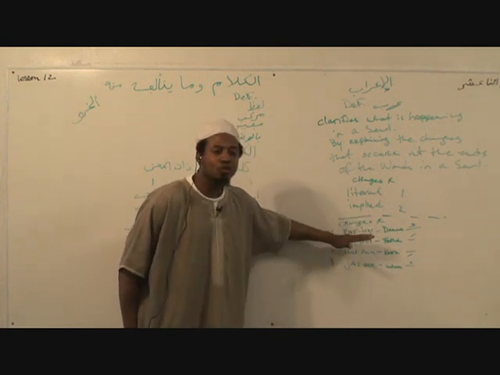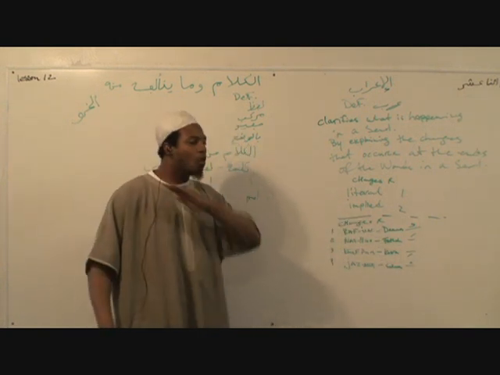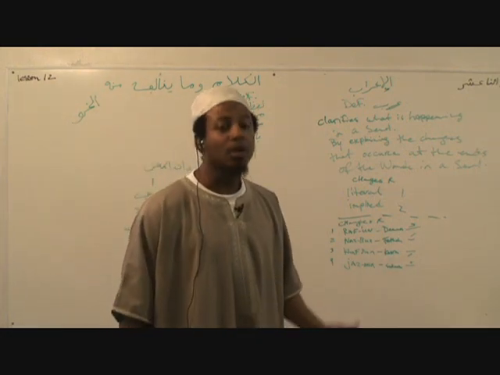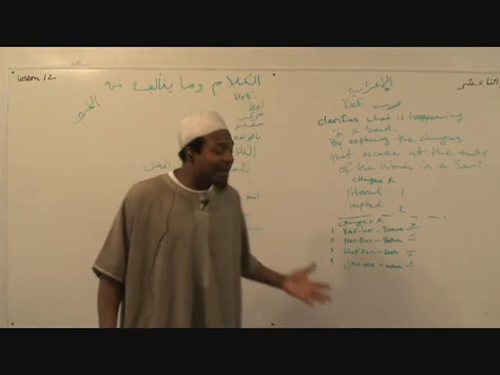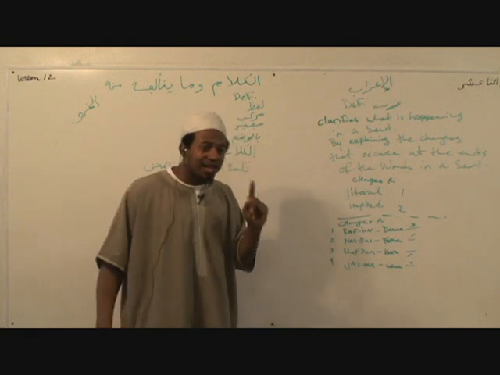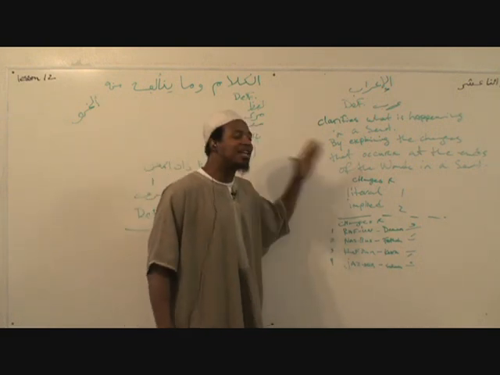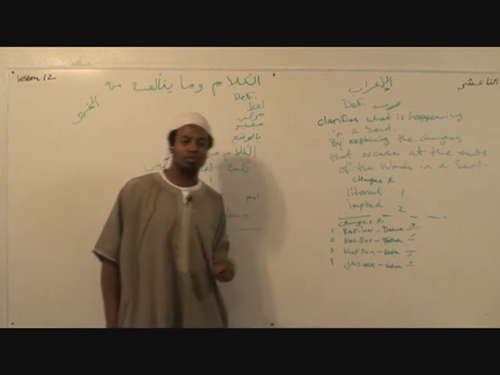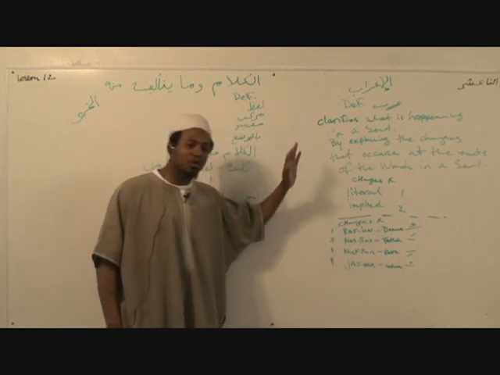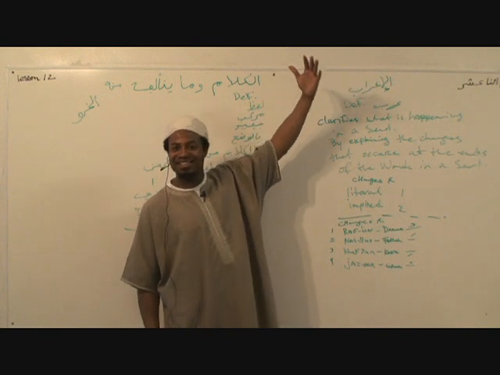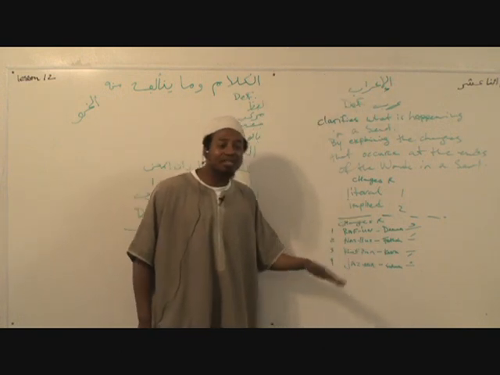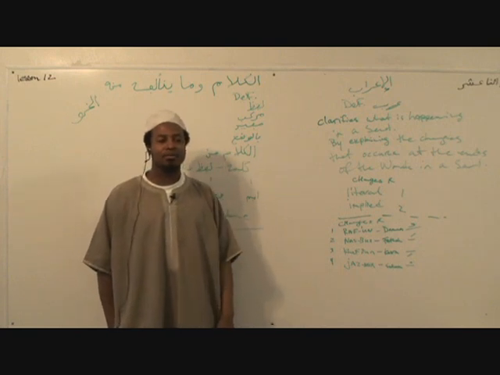It's going to be in the raf'un case all the time. If it's not raf'un, something happened. We may not know it right off the bat, but we know something happened if it's not raf'un. If it's an ismun, okay? And we deal with ismun first because it is the highest. So if it's not in the raf'un case, something happened.